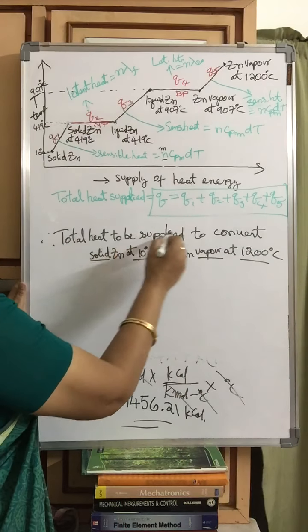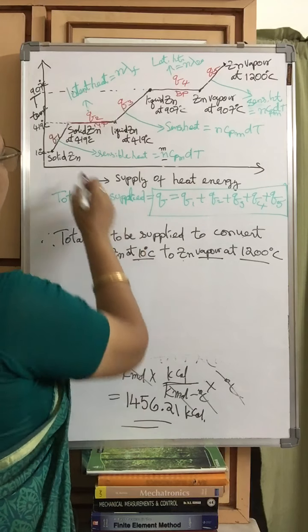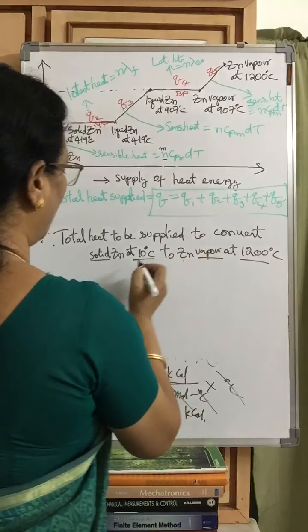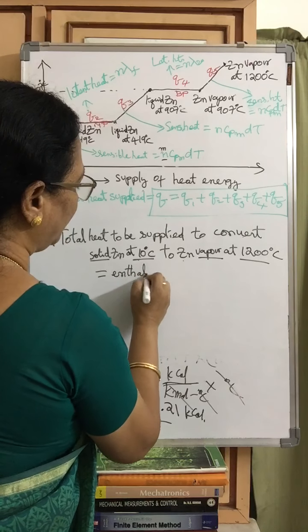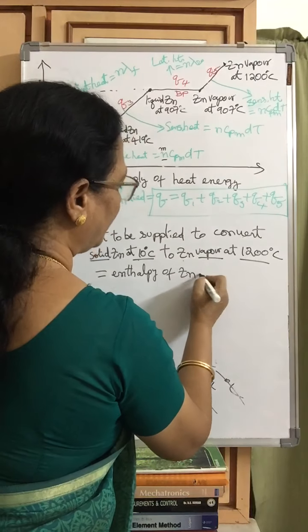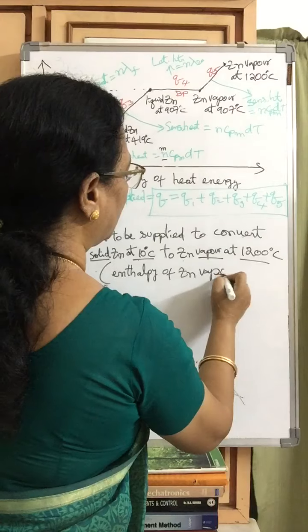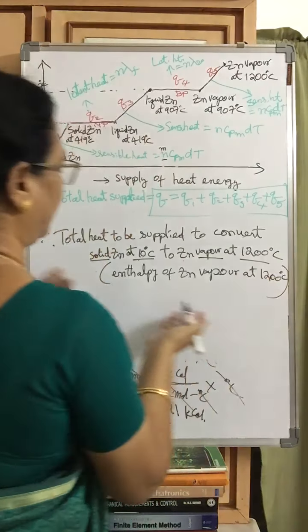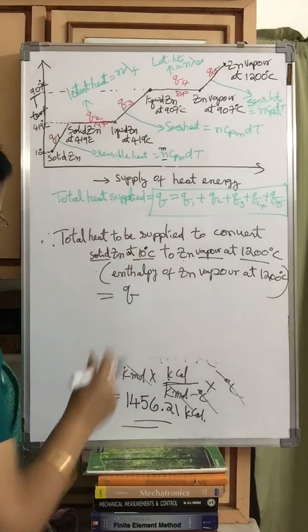This is what the question actually represents: the enthalpy of zinc vapor at 1200 degrees centigrade. That only is the enthalpy. This is equal to Q.